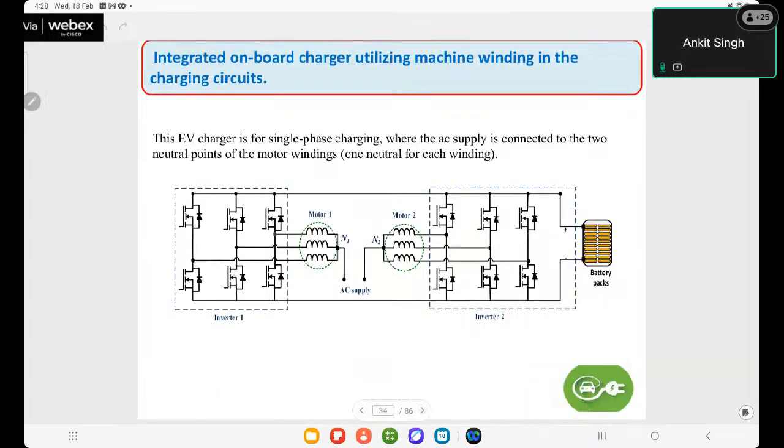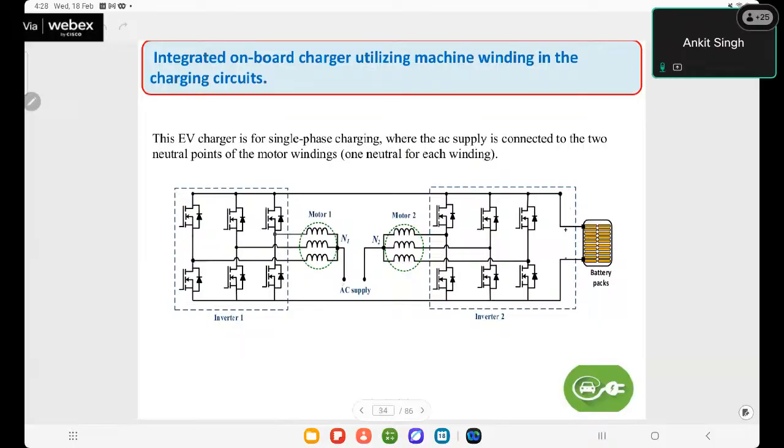So this is for a case where, as we know, in different types of EV configuration there may be one motor or two motors, or even sometimes four wheels have four different motors.